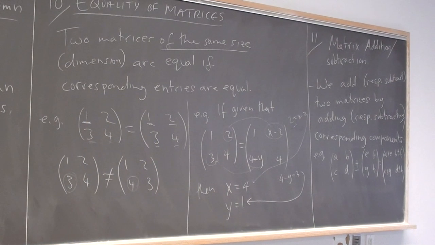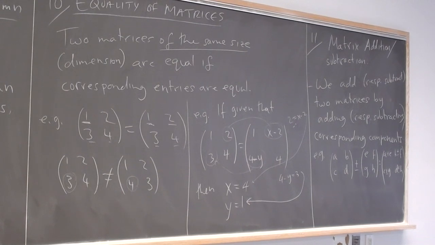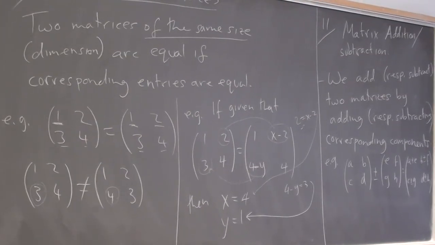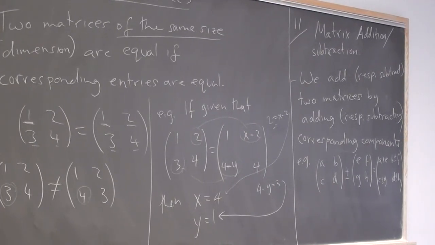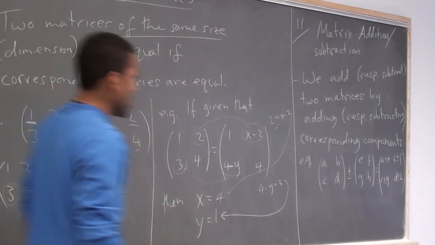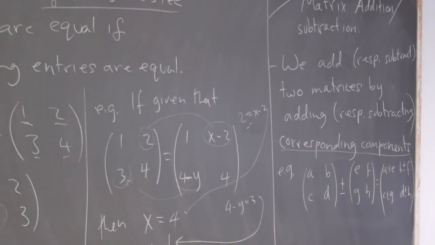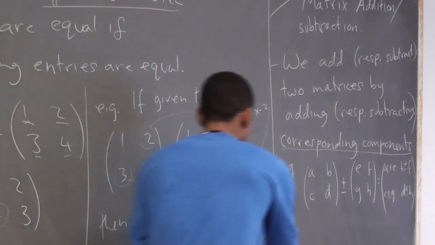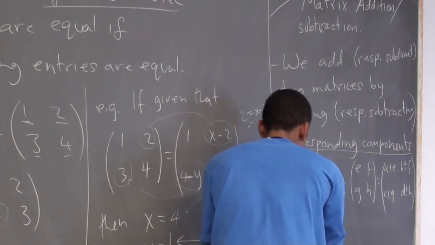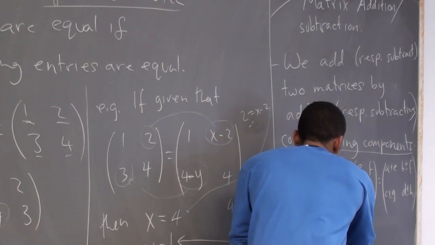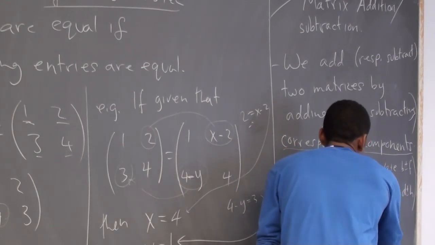What if they don't have the same dimension? Right, I was going to mention that just now. The mere fact that I mentioned that they have to have corresponding components sort of implies that they have to have the same dimension.